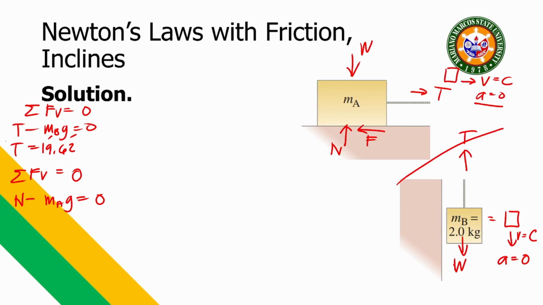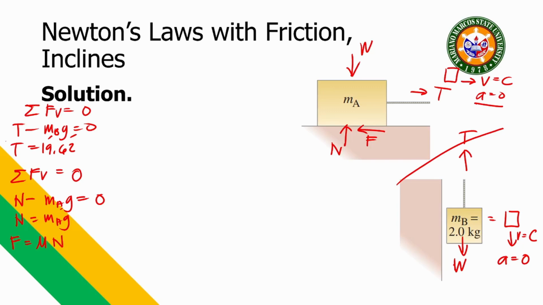So, next, since mag-iiba yung value ng A natin, MA, yung normal force natin kanina is iba na. So, if we transpose MAG, we will get that N is equal to MA multiplied by G. So, next, we know that the frictional force F is equal to mu multiplied by the normal force.